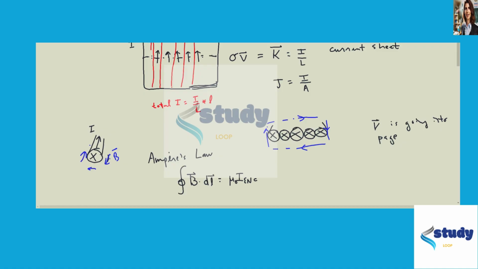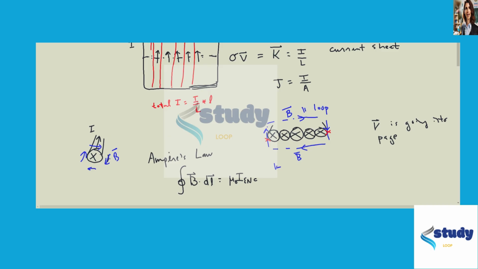What's different about the current sheet is that adjacent wires are going to cancel the magnetic field on the sides. And so the only place that there's a magnetic field projected onto the loop is above and below, and it's going to be parallel to the loop.